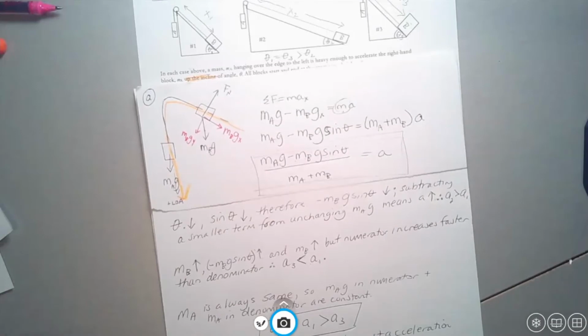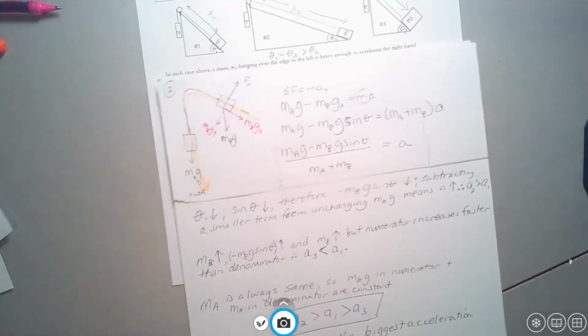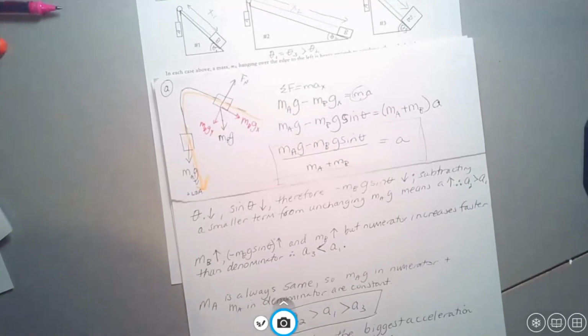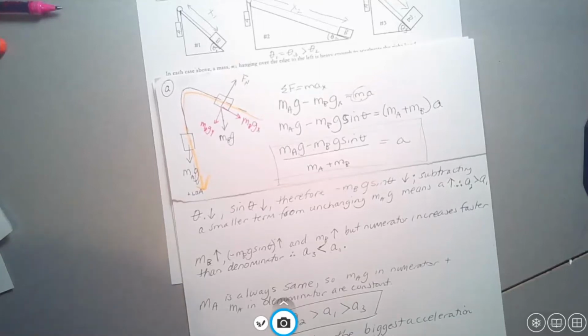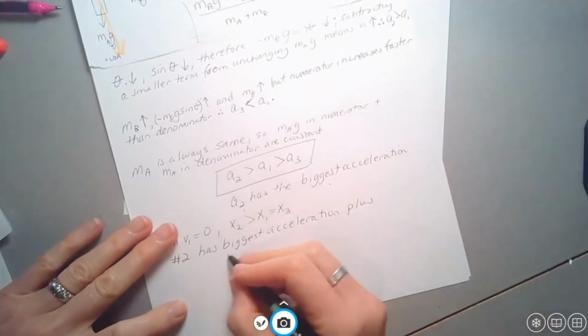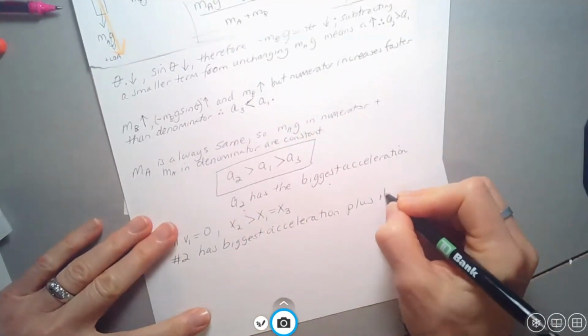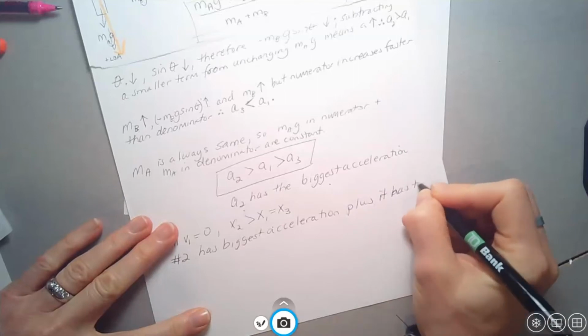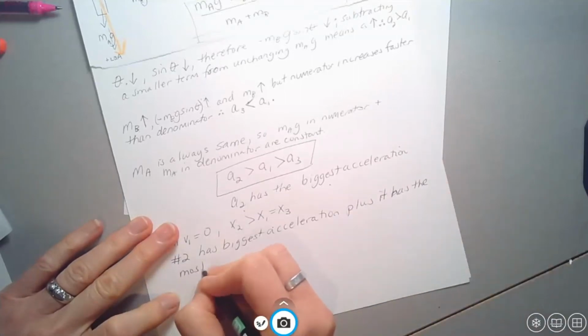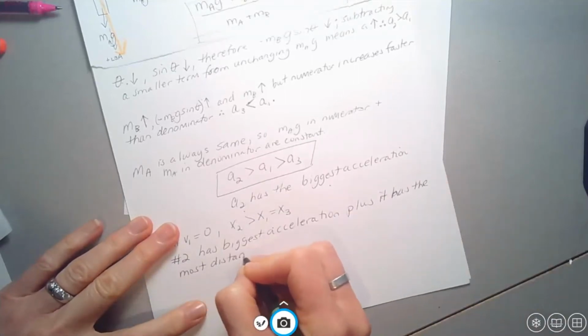So what do we have here? We already know that A2 has the biggest acceleration. Number 2 has the biggest acceleration, plus it has the most distance during which to accelerate.